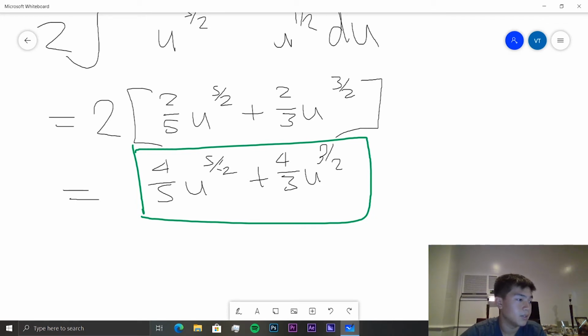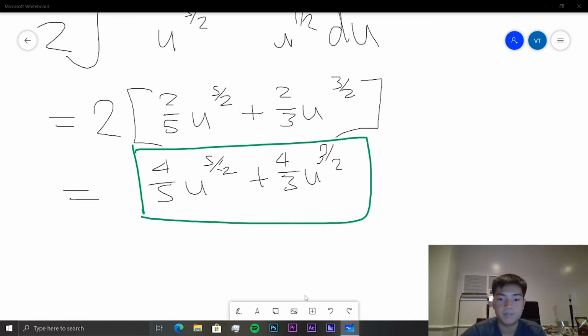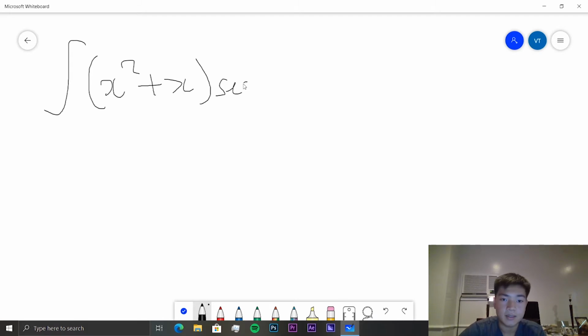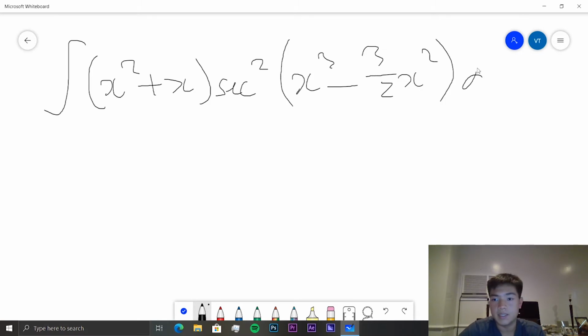And the next one is, where is it? Can't see, 9. So we have the integral of x squared plus x times secant squared of (x cubed minus 3/2 x squared) dx.